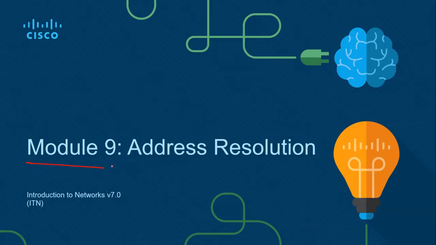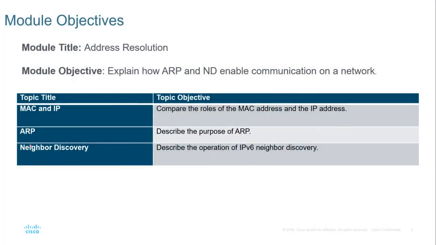June 9, and it's about address resolution. So the areas that we are going to go through are MAC address, IP, then ARP, address resolution protocol, and neighbor discovery.